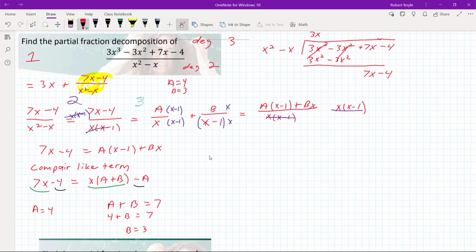The other way is to choose certain values of x. Now let's take a look at this equation right here. What you'll notice is that we have a term here that is b times x. So if we let x equal 0, the term with the b in it is going to go away. So let's let x be equal to 0.